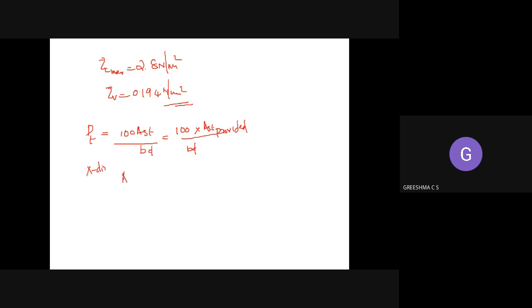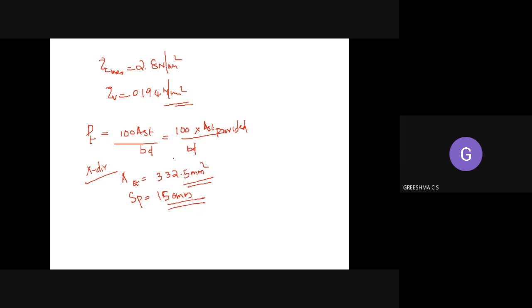For the x direction, the Ast we got is something like 332.5 mm square. Okay, 332.5 mm square. The spacing we provided here is 150 mm.